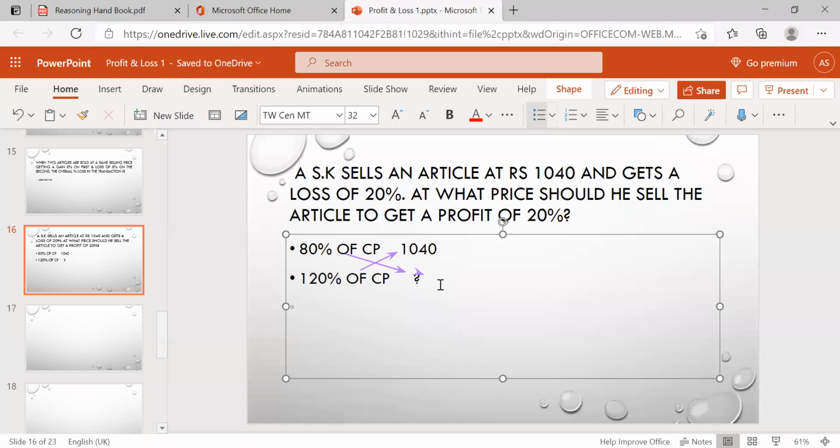Just doing the cross multiplication, what will we get? 120 into 1040 divided by 80. I'm taking this much time for the explanation. If you are solving in competitive exams, you can easily do it in less than 1 minute using this method.